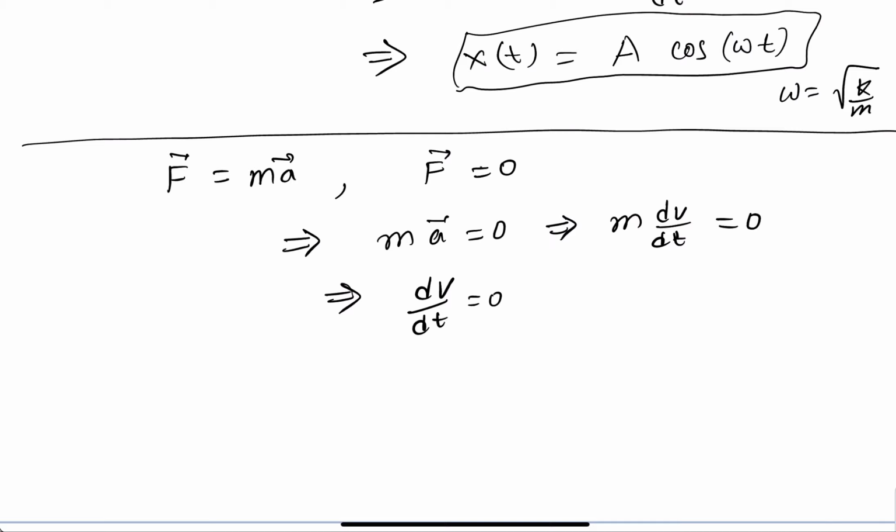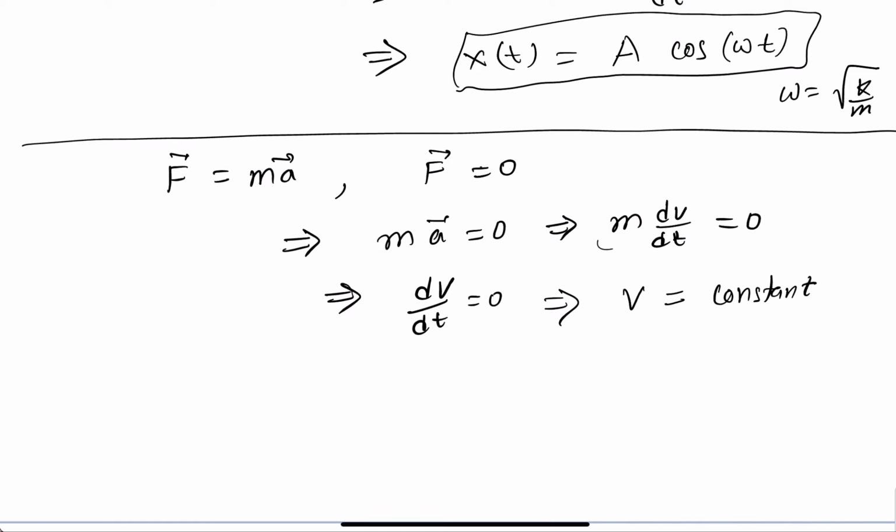The change in velocity with respect to time is equal to zero, because mass is non-zero. We are looking at objects which have non-zero mass, which essentially implies that the velocity is constant. If there is an object on which there is no force, then its velocity is going to be constant.